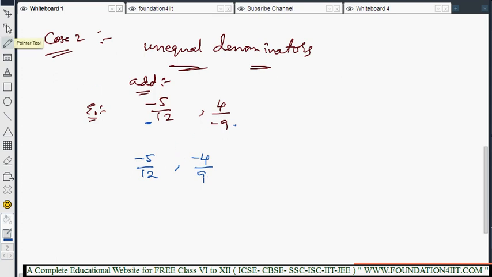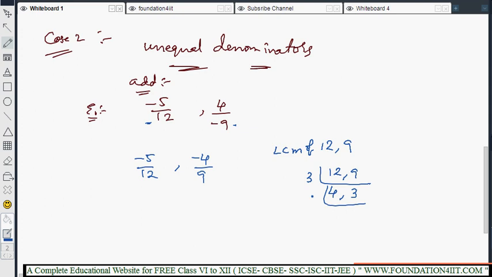Then the first condition: here is 12 and here is 9. So first we should take the LCM of the denominators. LCM of 12 comma 9. If you take the 3 table, 3 fours are 12, 3 threes are 9.